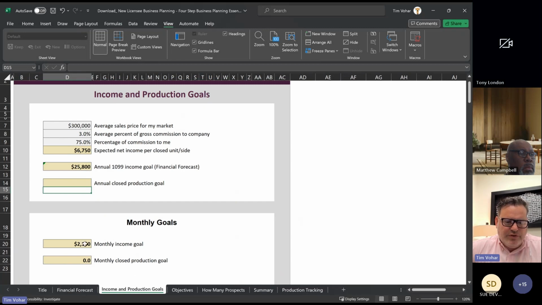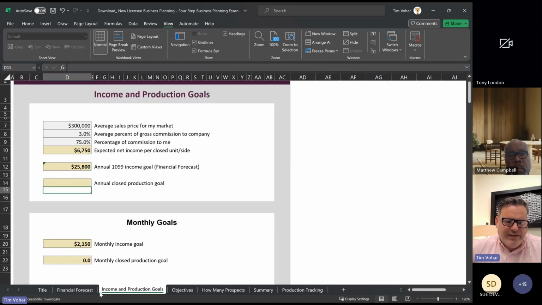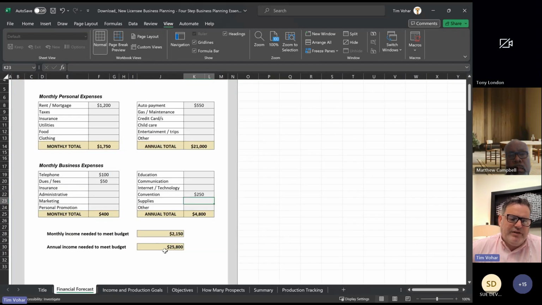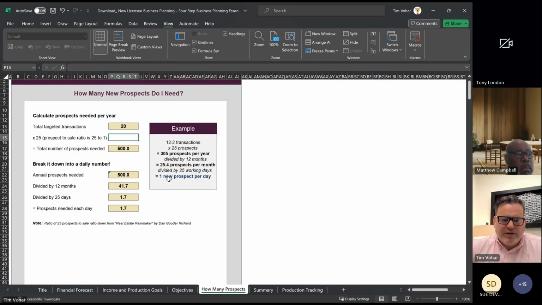So you can see that 2150 is just being brought over from this number here. That 2580 is being brought over from here. So you got to get your numbers all done so that they all carry forward into your different pieces of this worksheet. I guess it's multiple worksheets to help do the math for you.